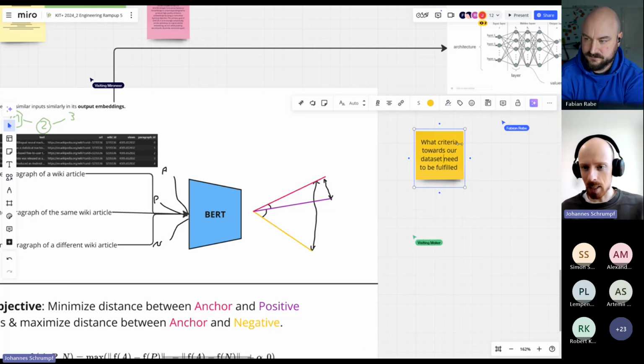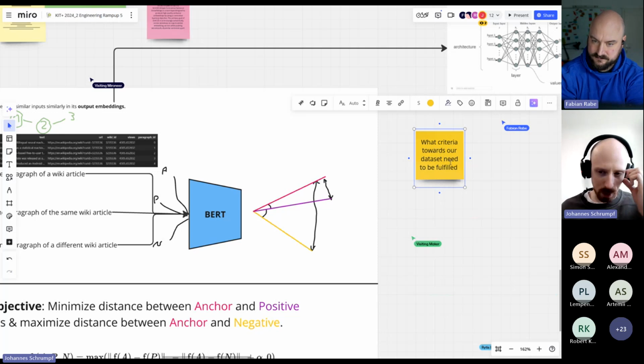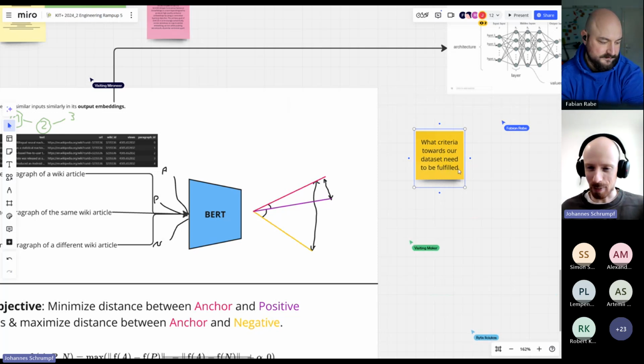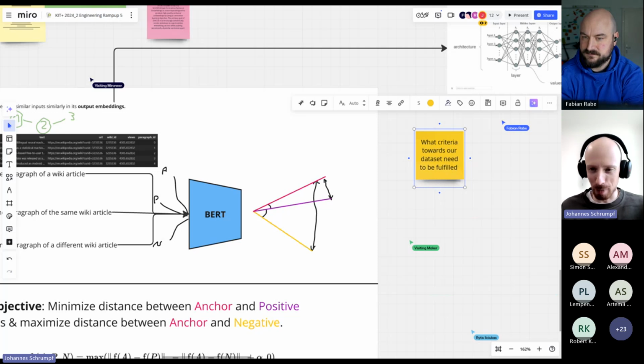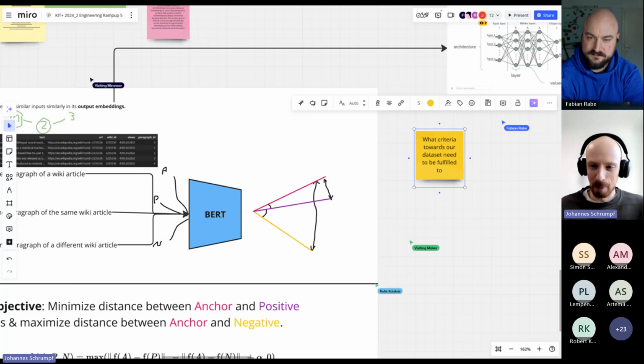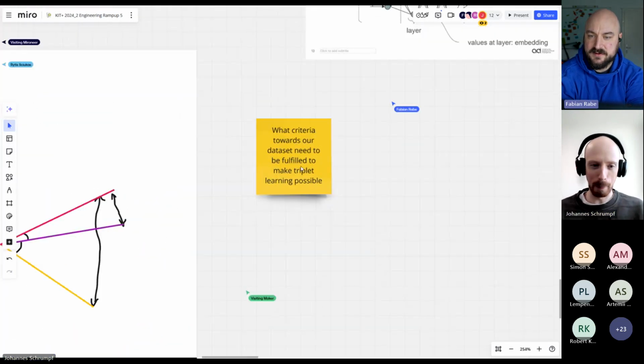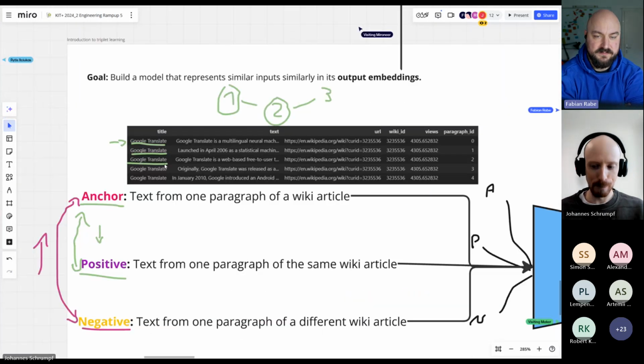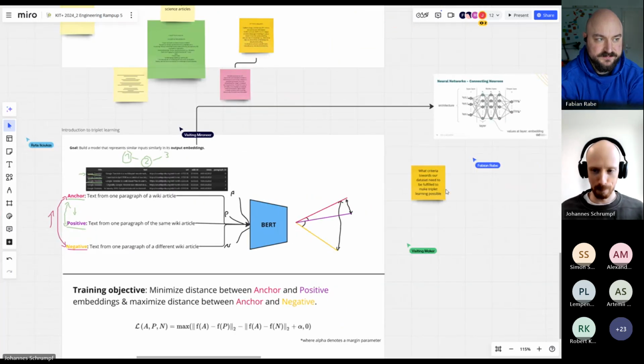Let me first finish this and then we can reformulate it. Maybe I'll reformulate it. I think I know where you're going. So we looked at a data set where there are paragraphs from Wikipedia articles. What would be a bad data set where this kind of learning doesn't work?